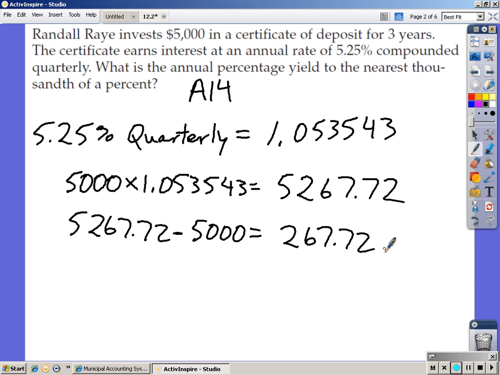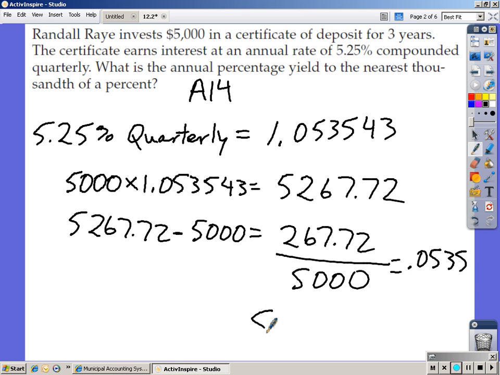Now, take your interest earned divided by the original amount of money invested, and you get your annual percentage yield, which in this case is 0.0535 or 5.35% APY. Okay? Annual percentage yield is 5.35%.